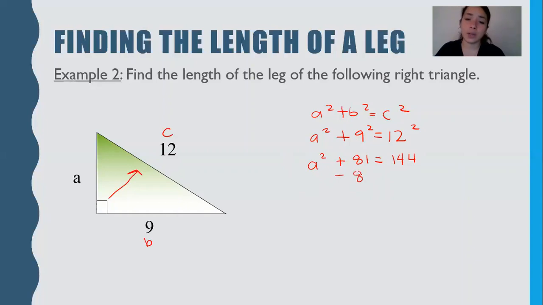Well, we subtract it, we do the opposite. Whatever we do to one side, we must do to the other side. So 4 minus 1, that's 3. This becomes 63.